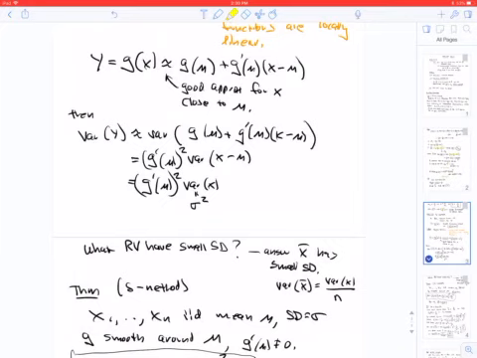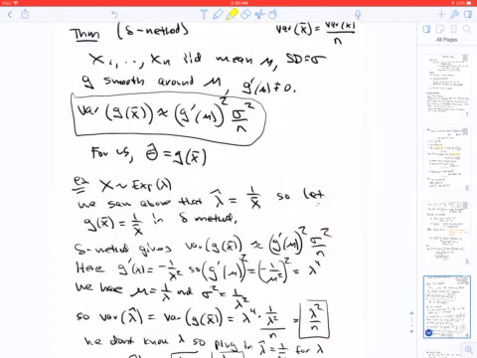Remember, the variance of the sample mean is sigma squared over n. So as long as n is large, the variance of the sample mean will be small. So sample means are great examples of this technique.